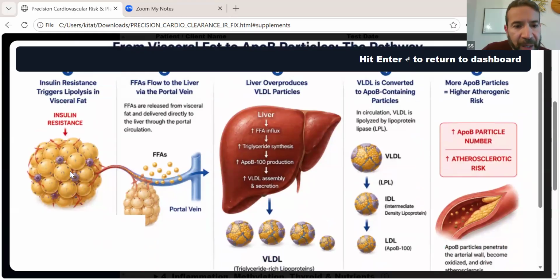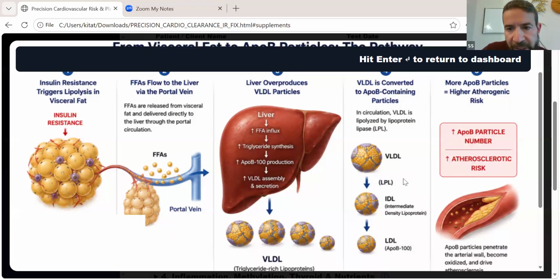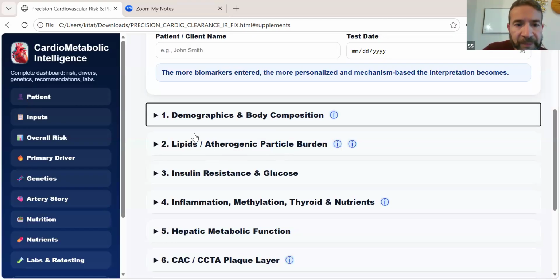Body composition has a direct connection, especially in the visceral fat area, to the liver and how it causes the liver to overproduce VLDL, which eventually becomes LDL, and it increases the risk of cardiovascular diseases. I'm not going to spend too much time here, but everything is spelled out. You can screenshot this or pause the video and take a look. Hit return and go back.